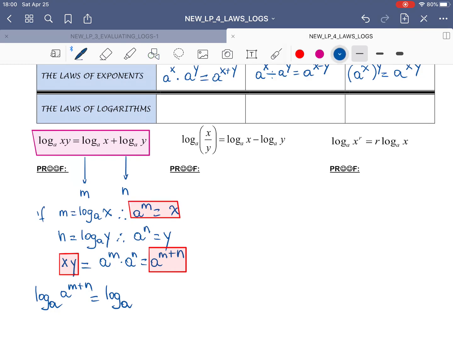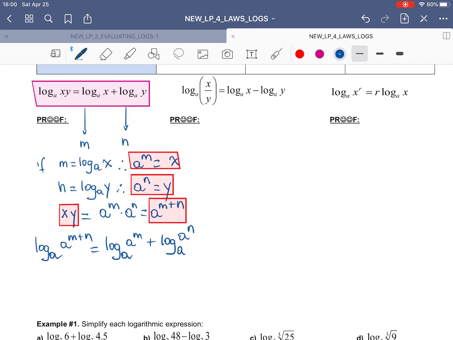So we're writing here a to the power of m plus, now instead of log with base a of y, we'll write, instead of y, a to the power of n, and we're going to rewrite log a again, instead of y, a to the power of n.